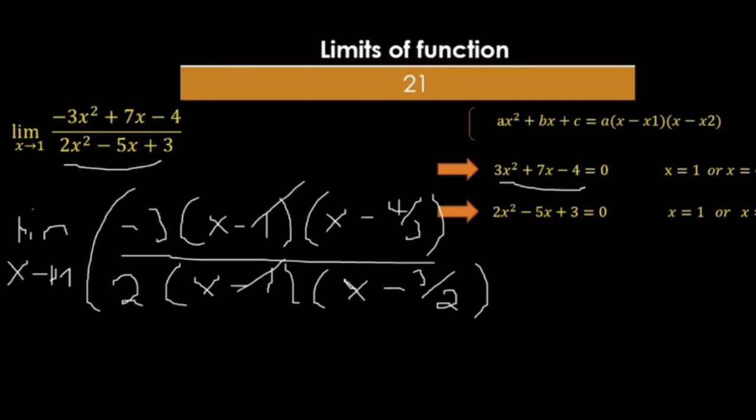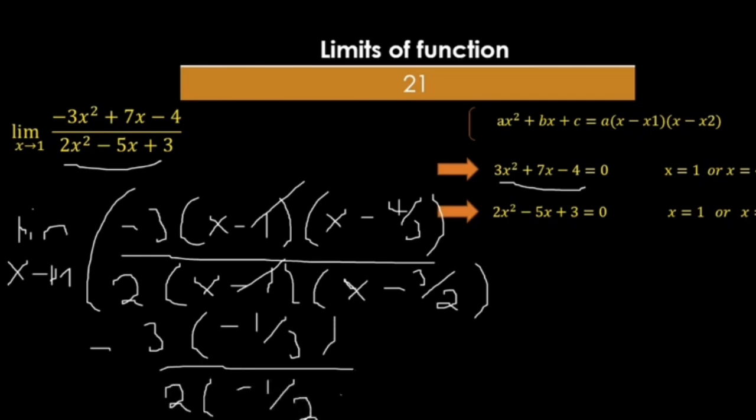We are going to be left with this. Substituting the value that is 1, we are going to be having minus 3 into 1 minus that is 3 times that is 3 minus 4 minus 1 all over 3, all over 2 into 2 minus that is minus 1 on 2. This and this will cancel. We are going to be having 1 over minus 1 is equals to 1.